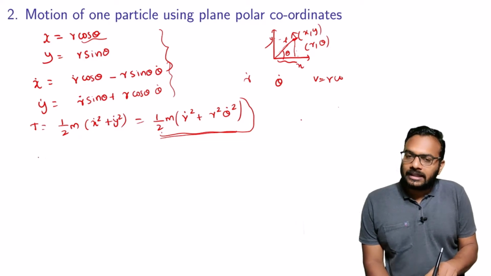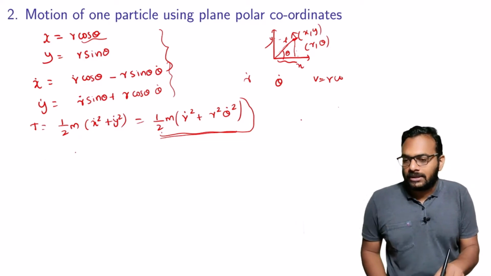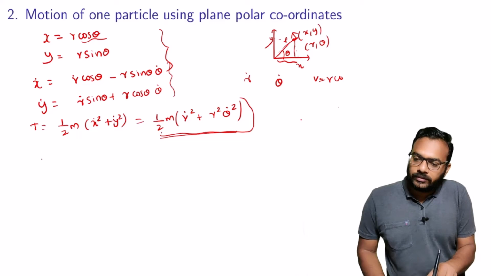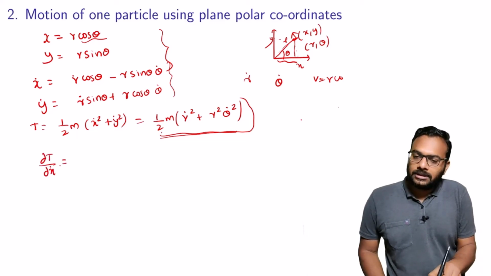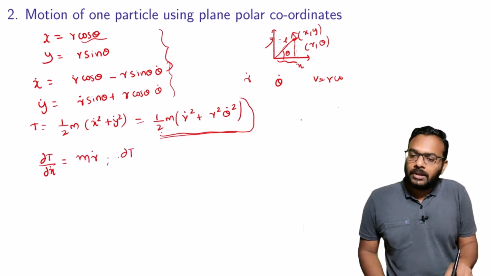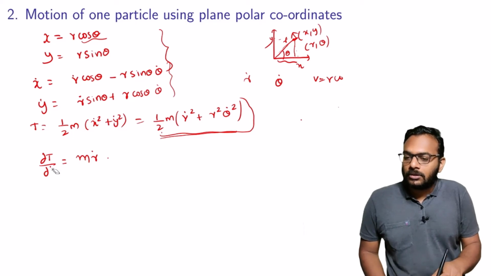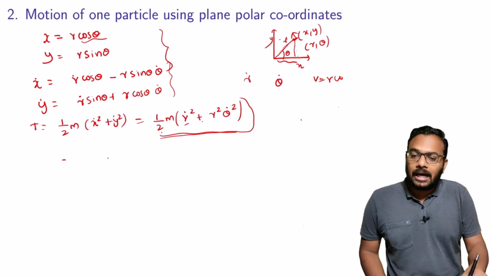Now we need to find the equations of motion, or the Lagrange's equation, okay? So for the Lagrange's equation, what we do is we find dou T by dou x dot, and that's equal to m r dot, all right? We have here two generalized coordinates, r and theta.